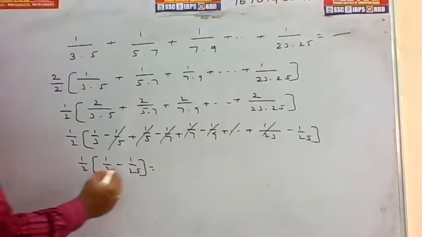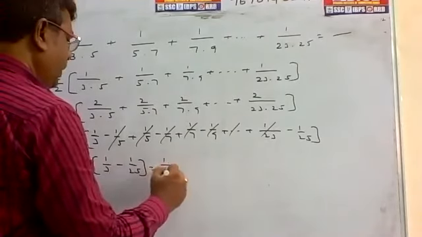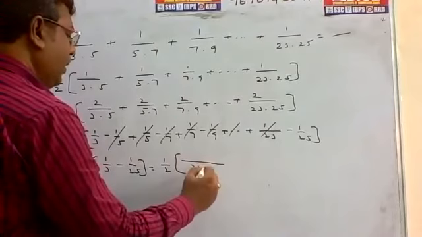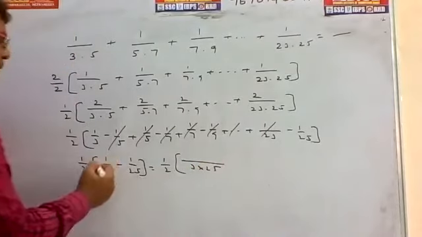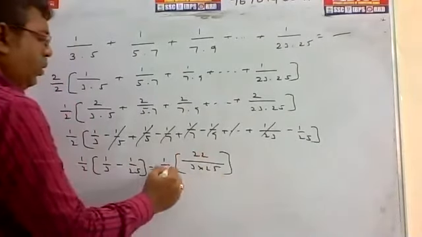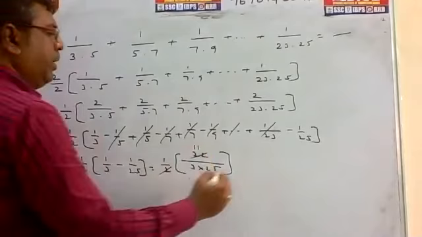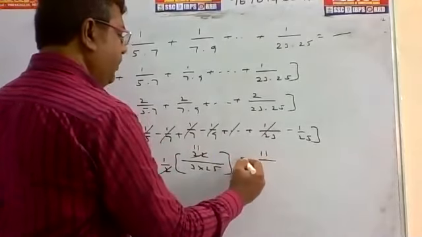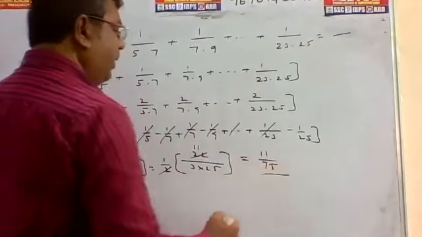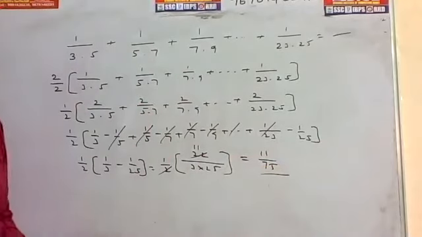LCM is 3 into 25. 25 minus 3 is 22. Two elevens are 22, so the answer is 11 by 3 into 25, 75.